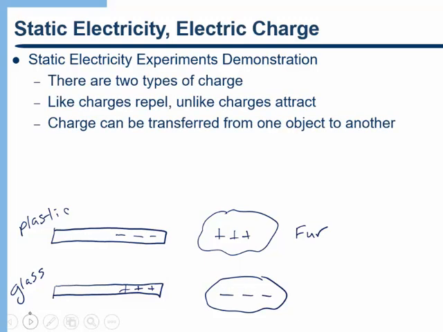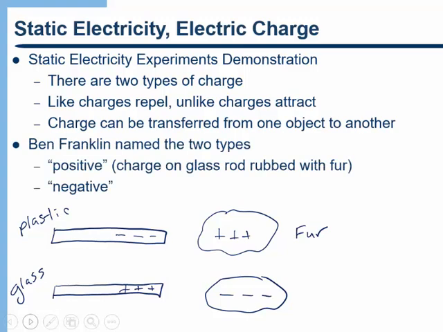So from doing this simple kind of experiment, physicists were able to determine that there are two types of charge, which we call positive and negative. By the way, that naming convention was created by Ben Franklin of U.S. history fame. So Ben Franklin arbitrarily said the charge on a glass rod when rubbed with fur is positive.